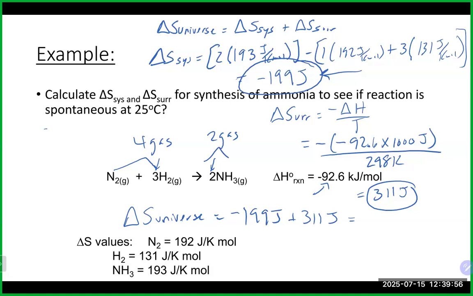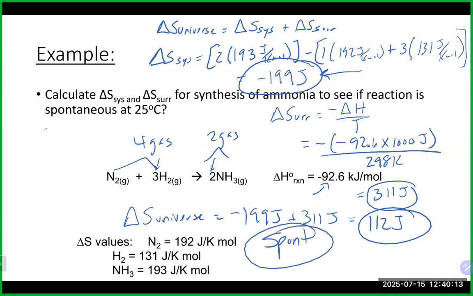Otherwise, you will be off, obviously, on your answer. And that's going to give us 112 joules in this case. And that delta S of the universe is a positive value. And because that is positive, that would mean that this reaction is spontaneous because of it. Any questions on any of that there?